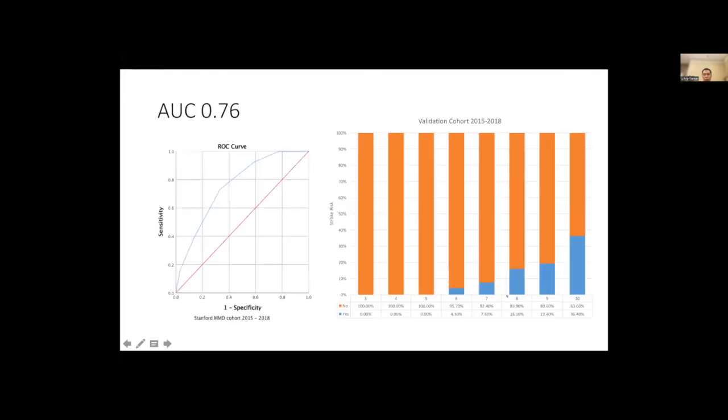Now, if you look at the area under the curve, the correlation is 0.76, so that shows moderate correlation, not as good as the derivation cohort that we have, but there's still a trend there. You can see up to a score of 6, stroke risk is up to 5%, scores 7 and 8 up to 20%, and score 9 and above would be above 20% stroke risk.